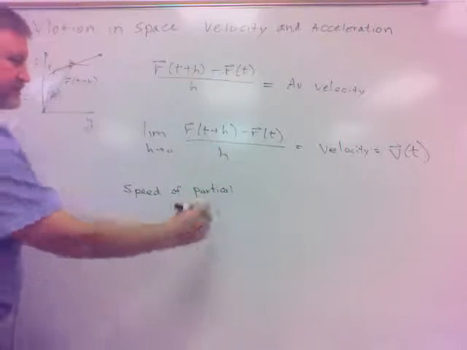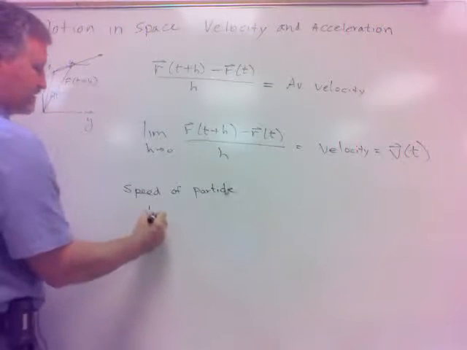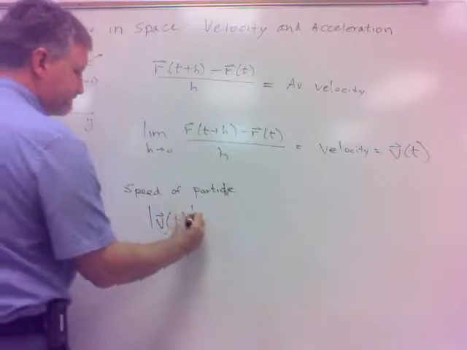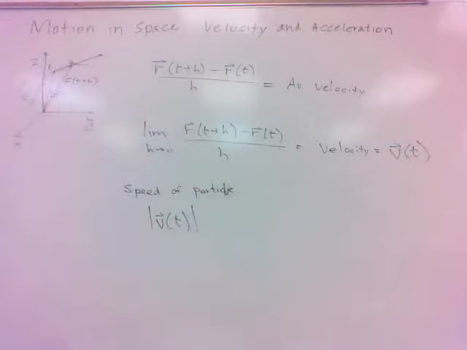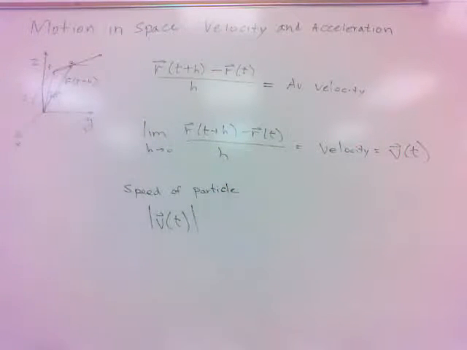Yeah, it's the magnitude part. It would be the magnitude of our velocity vector, right? That would be the speed of our particle on there. Just the magnitude of the velocity vector.